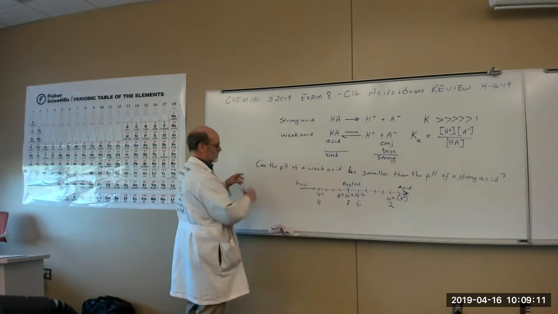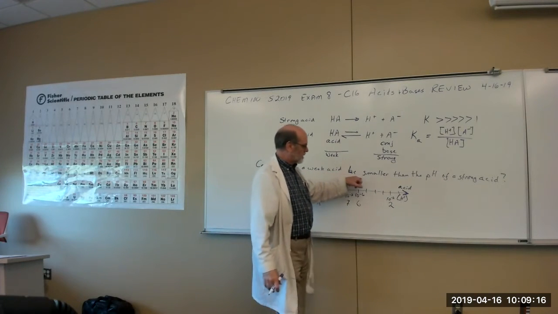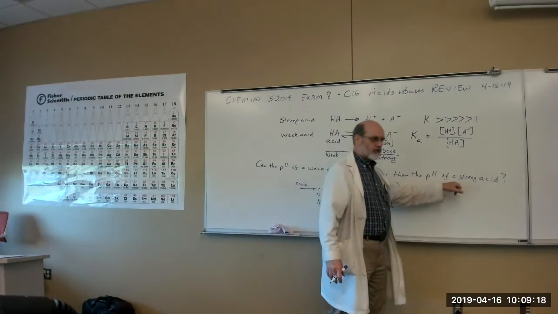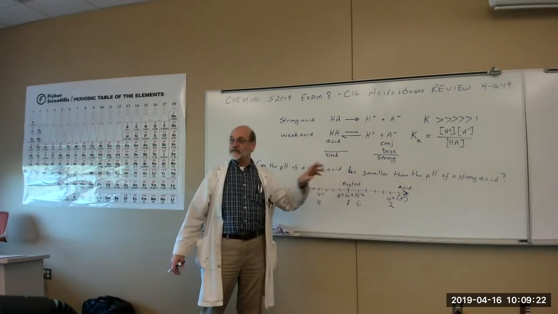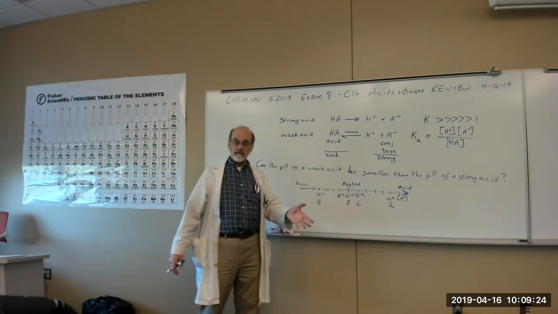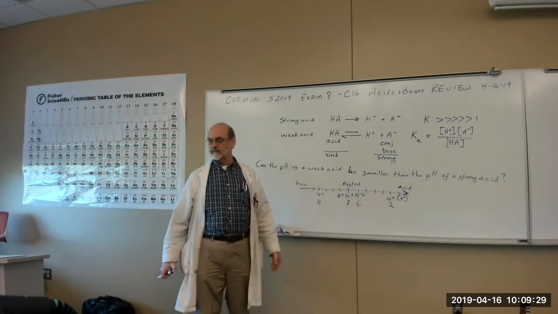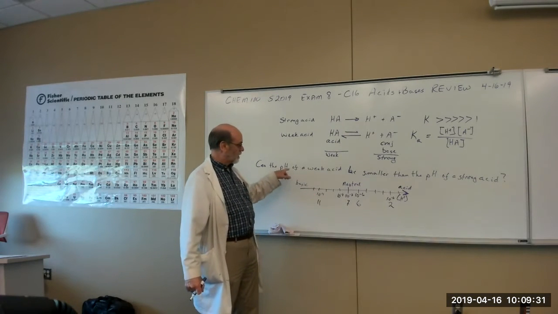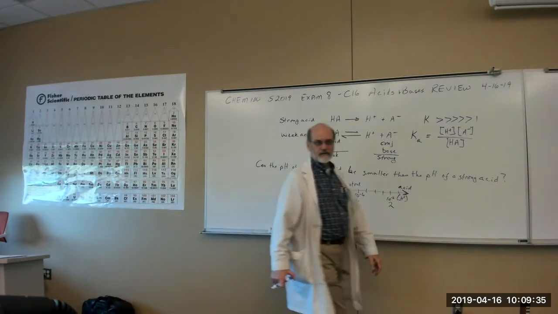Now let's go back to the question. Can the pH of a weak acid be smaller than the pH of a strong acid? In other words, if the pH is smaller, that means it has more hydrogen ion concentration, right? So is that possible? Can you have more hydrogen ions from a weak acid than from a strong acid?